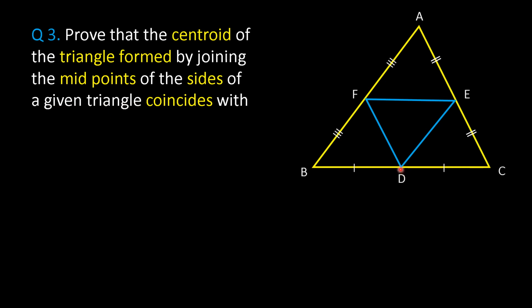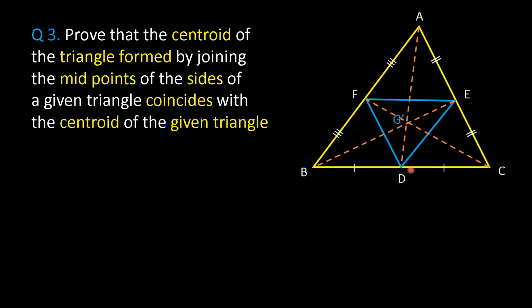The centroid of the blue triangle DEF coincides with the centroid of the yellow triangle ABC. So these are the medians of the triangles. G' is the centroid of the blue triangle DEF, and we have to prove that G' coincides with the centroid of the yellow triangle ABC, which will be G.